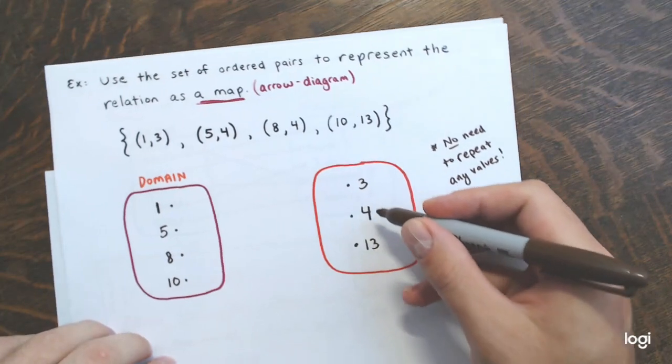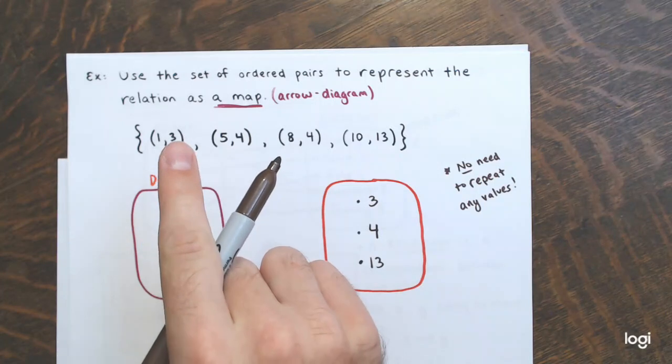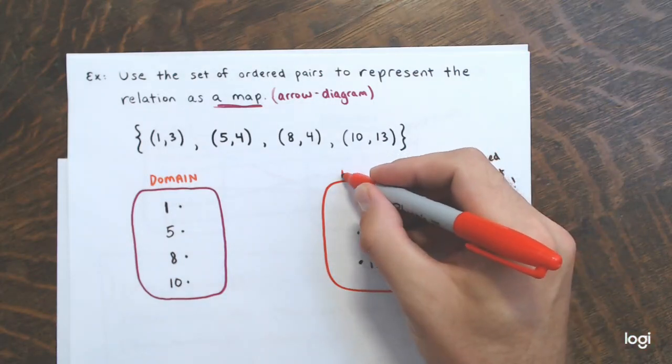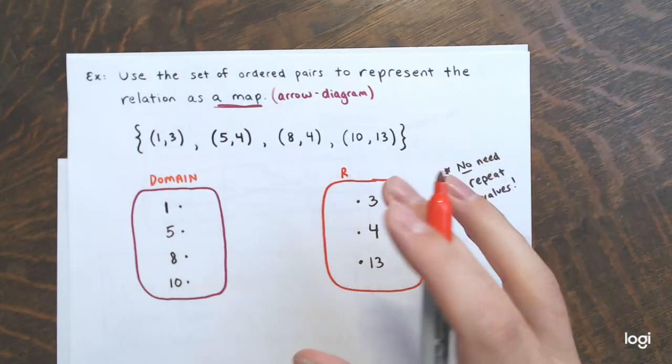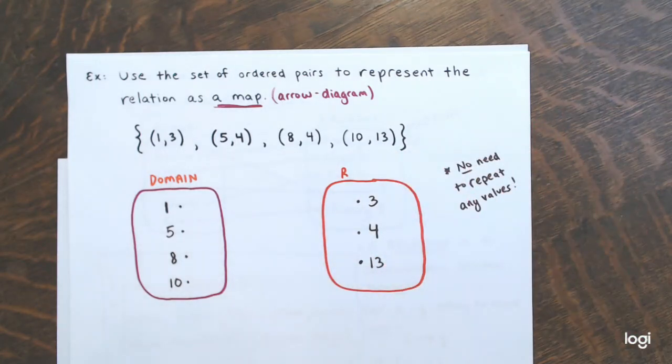Okay, and this second set, with all the second coordinates, is given another special name that's called the range. Now in other books they might call it the target, and there's actually a difference between the target and the range, but like I said in the beginning of this video, this is more for an intermediate algebra course.